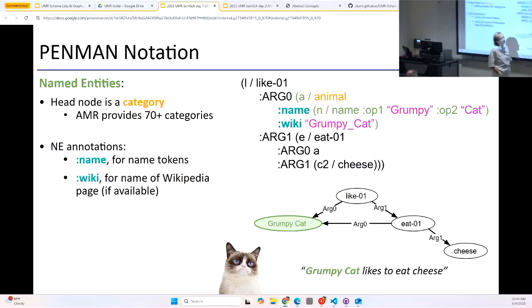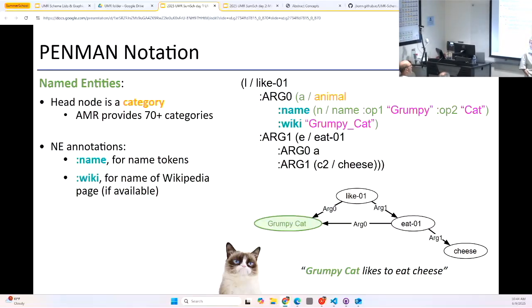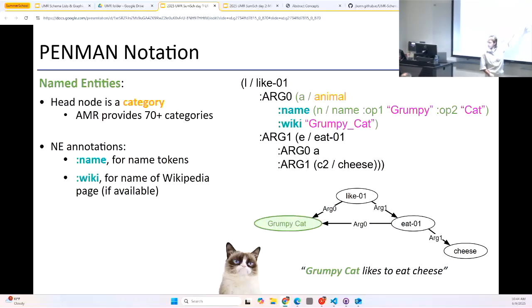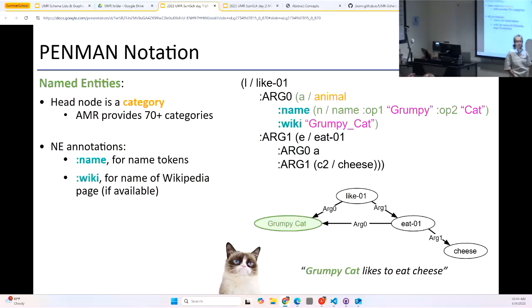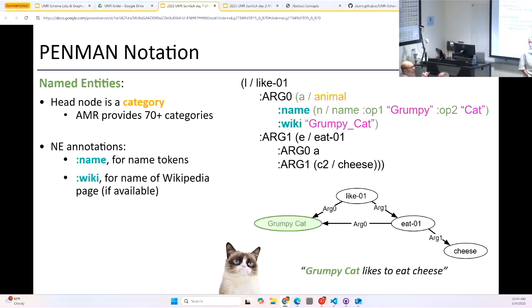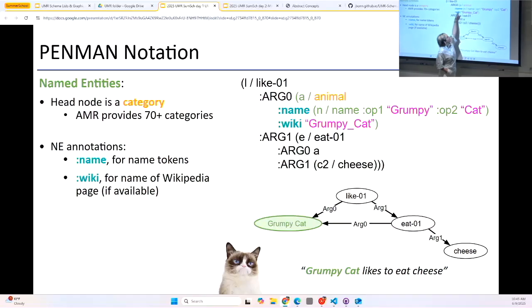I don't know, do you have a better way to explain this? What's the question again? It's the semantic interpretation of op1 and op2? Are they actually dependencies related to the name concept? No, they're not native to name. Op1 and op2 will be for anything that allows for integration or conjunction. But this color, what is this, colon name? That's an edge, and this is its parent node, but that edge is not a dependency edge. It's not a dependency to animal?